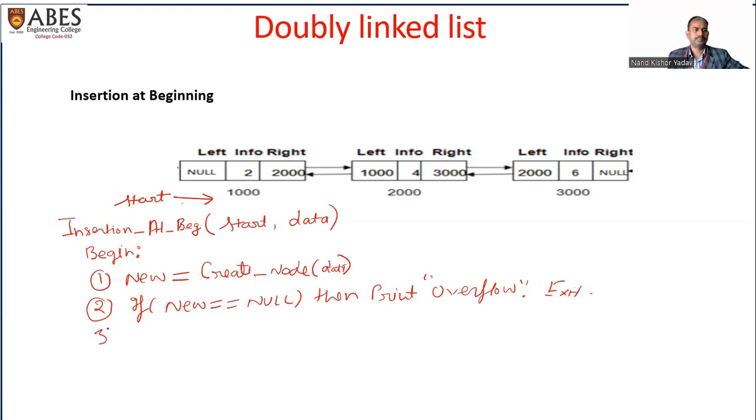In the third step, if the node is created, let's assume that this is the node whose address is 1500, and the name of this node is new now. Data is already inserted here.